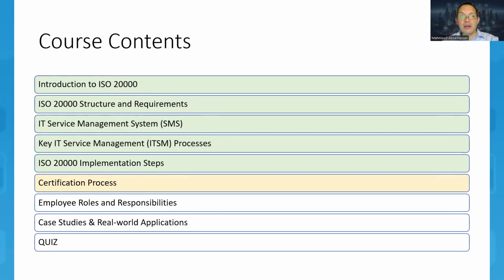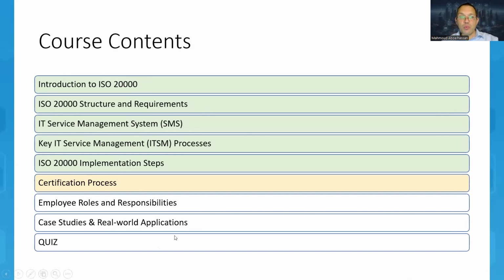Then we demonstrated the IT service management system, the key IT service management processes, such as incident and problem management, change management, release management, and other processes. We demonstrated through the last episode the steps necessary to implement ISO 20000.